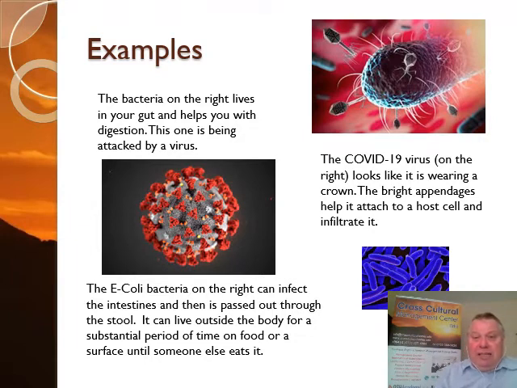The COVID-19 virus here on the left looks like it's wearing a crown. That's where the word corona comes from, right? These bright red appendages help it attach to the host cell and then get inside of it. Here, these little blue bacteria right above my head, these are E. coli bacteria, and if they get inside your stomach, they then pass out through your stool.